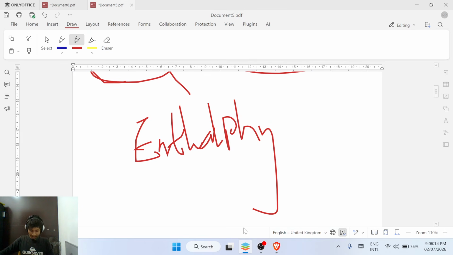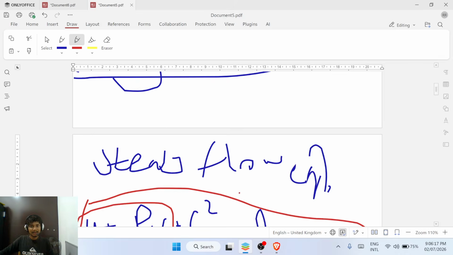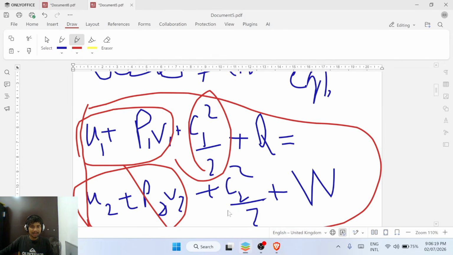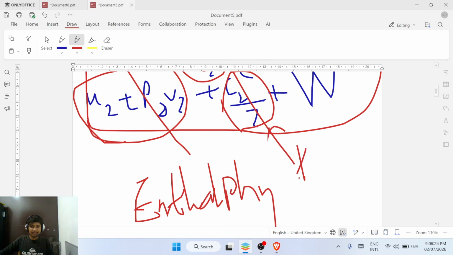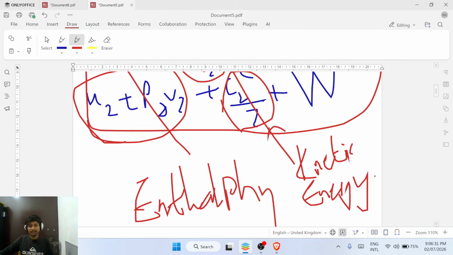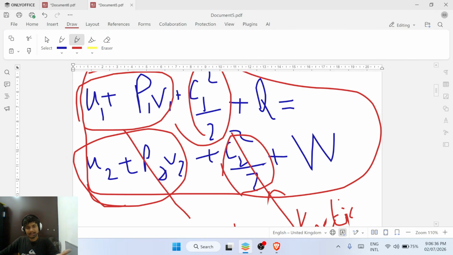C1 square by 2 and C2 square by 2 are kinetic energy, as sir taught us yesterday.